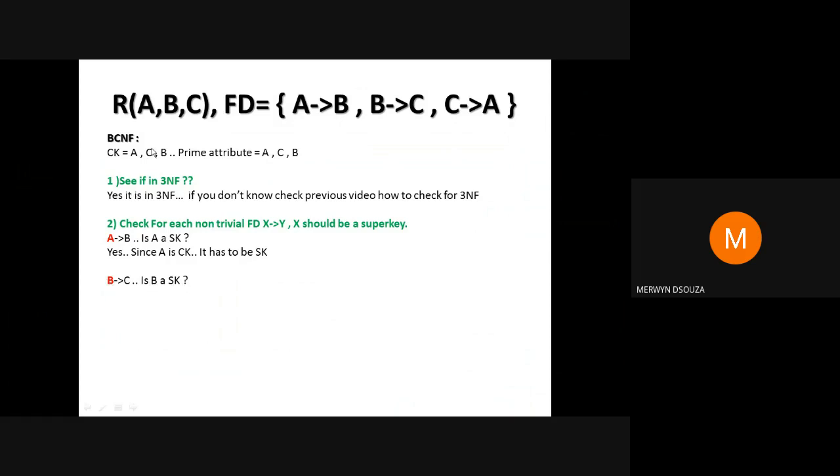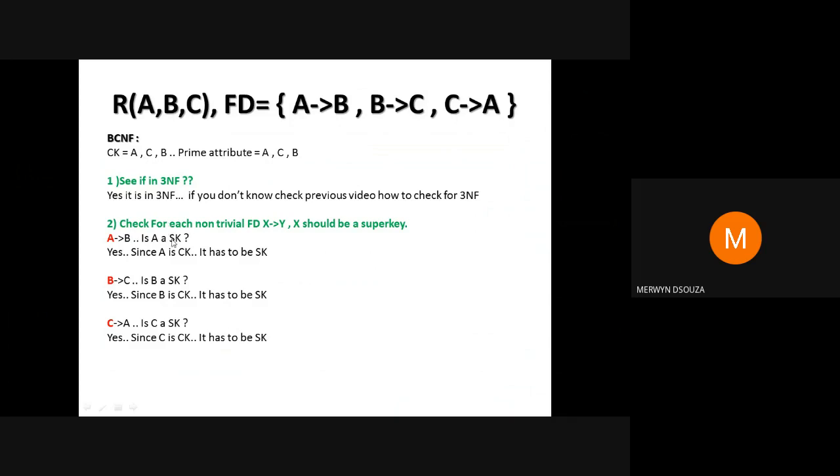Since again B is a candidate key, it has to be a super key. I take the third functional dependency, and on the left hand side I check whether C is a super key. Since C is a candidate key here, we can conclude that it is also a super key.